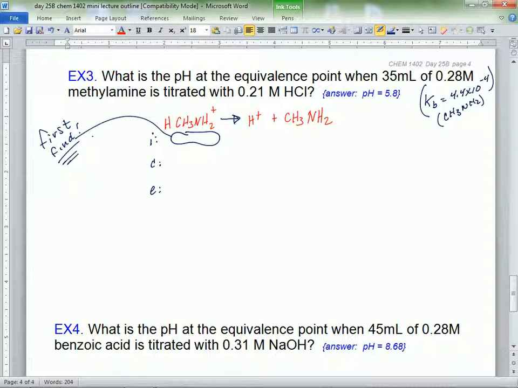So the moles part, they gave you volume and concentration. So the moles of this methylamine has to equal the moles of this stuff, because that's what the equivalence point would give you.